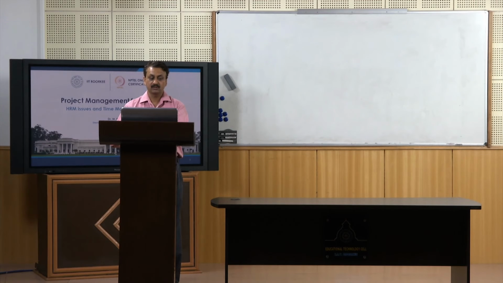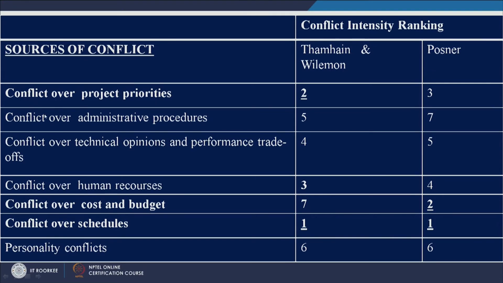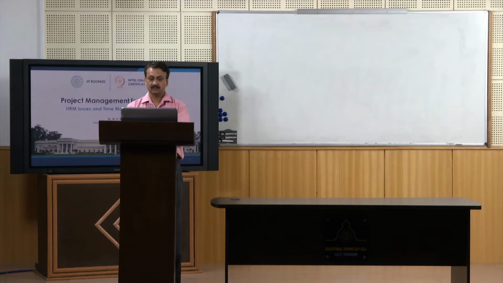Conflict over schedule, conflict over cost and budget and conflict over project priorities, right? So out of all these 7 reasons, these 3 reasons are topping both the lists, right? So this is a study done by these people.